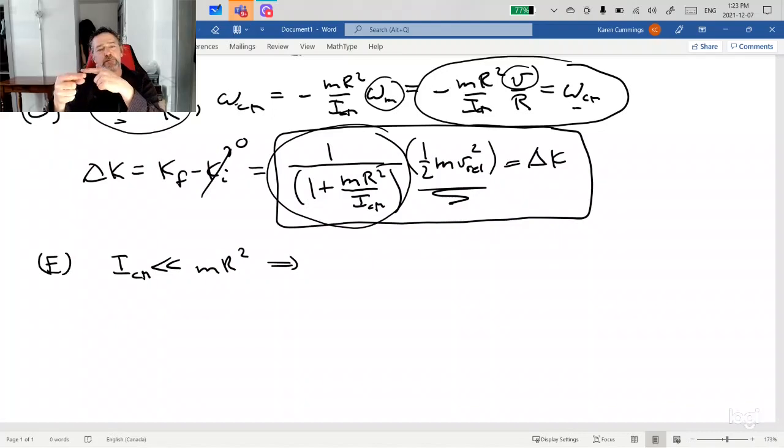And that person starts to tread their feet like this. Like I said, equal forces on both objects. But because the disk is so much less massive than the person, the disk right away spins up to basically v rel. And this guy just basically stays in place.